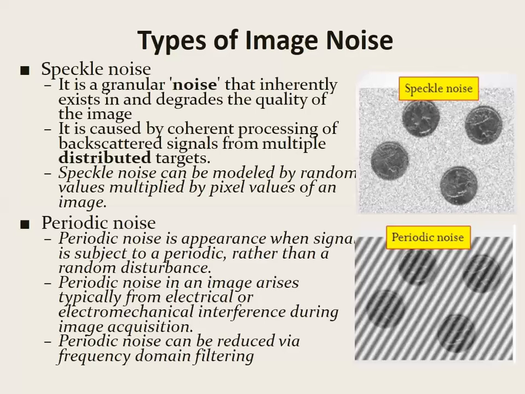Sometimes the background may look like an object itself. When we are trying to segment and extract features, the feature extraction and segmentation algorithms can easily be confused in differentiating the background and the foreground pixels. So speckle noises are frequently modeled by multiplying the pixel values by random values.